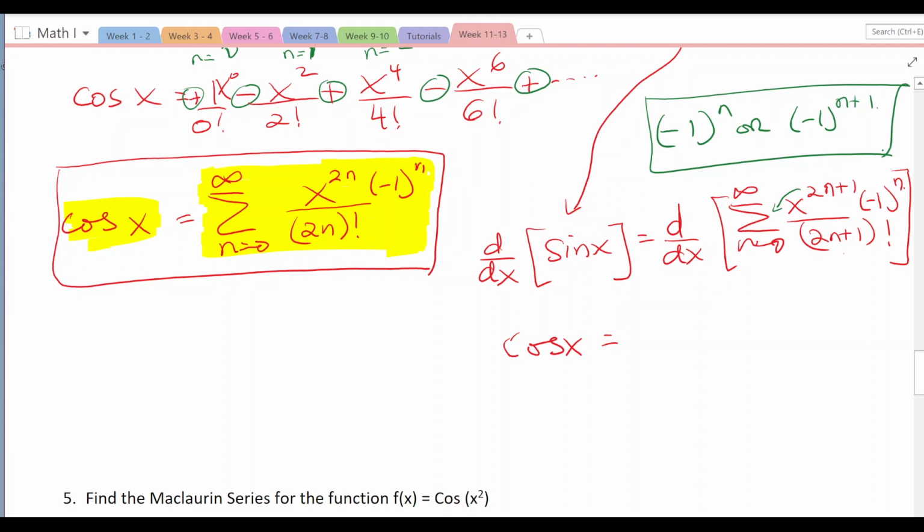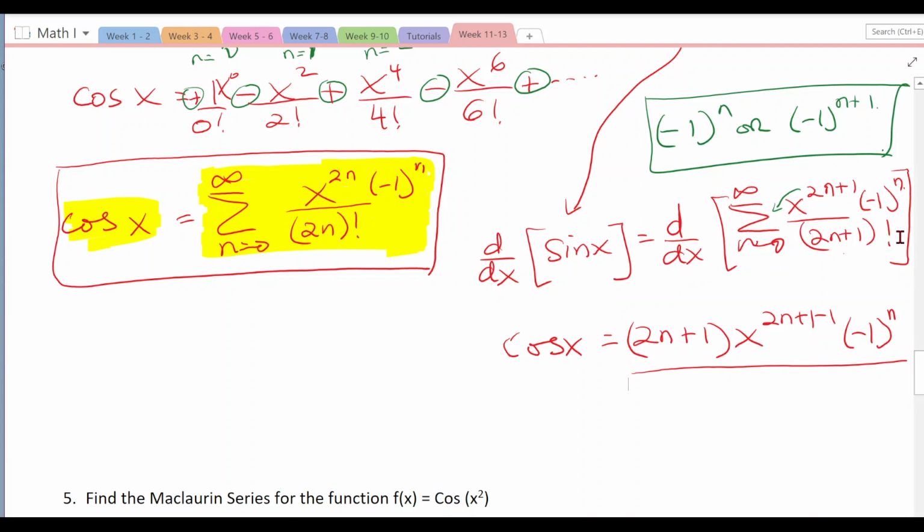So we have 2n plus 1 times x to the power of 2n plus 1 minus 1, and maintain the negative 1 to the n, and then here we have 2n plus 1 factorial.